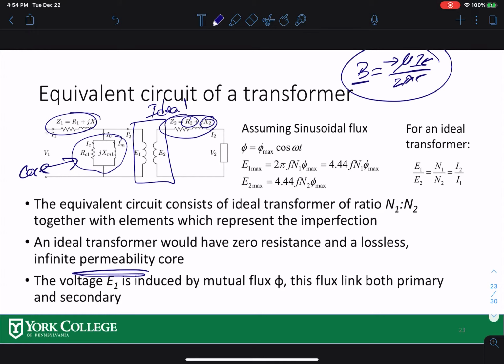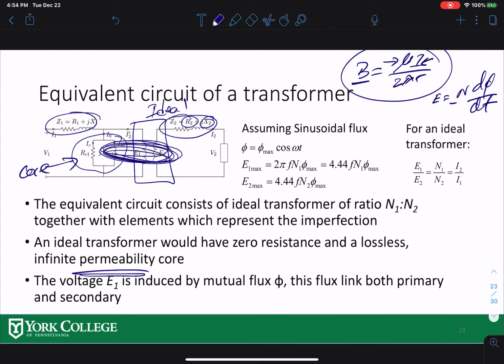When that flux is produced from the core, that flux will link with both of these coils over here. When it's linking, then they'll induce voltage, using this equation over here. Right? So that means the only thing over here is the turn number.